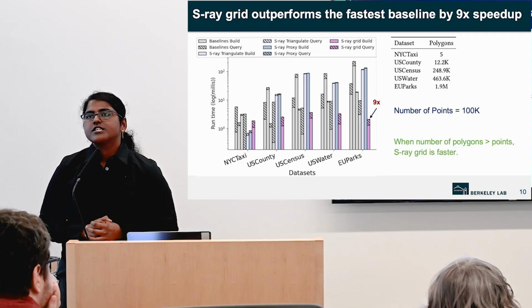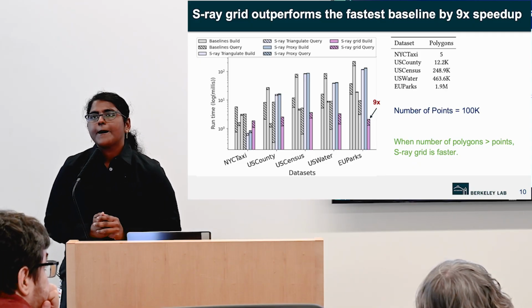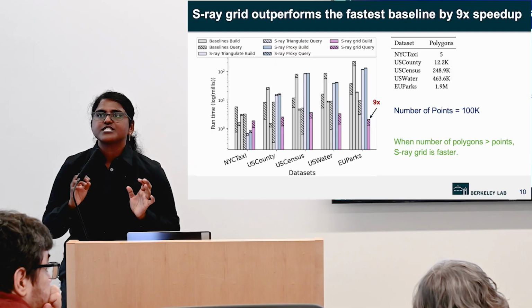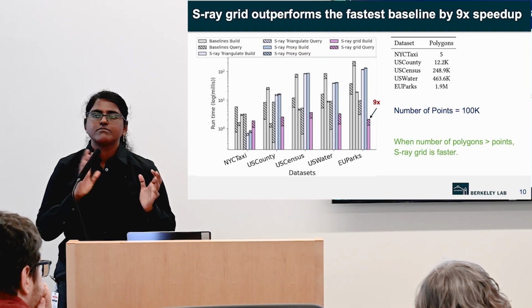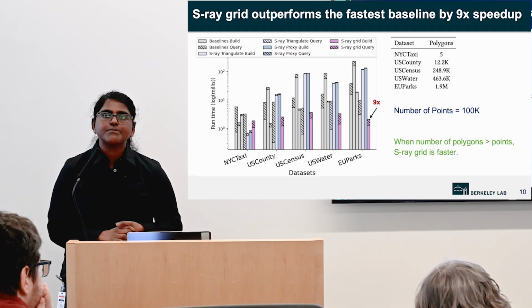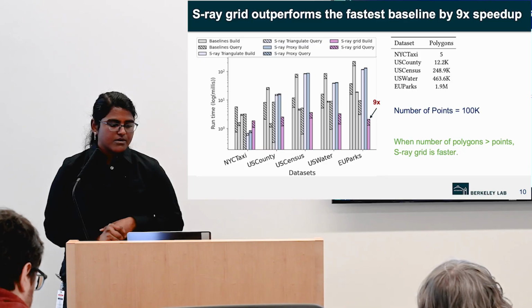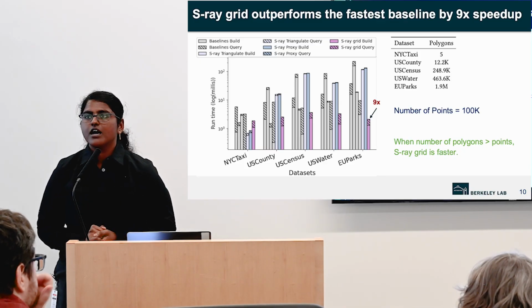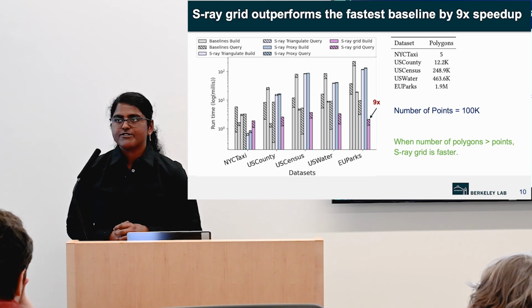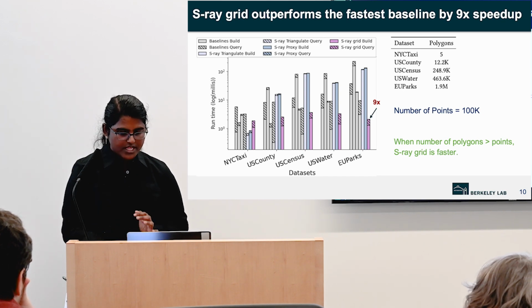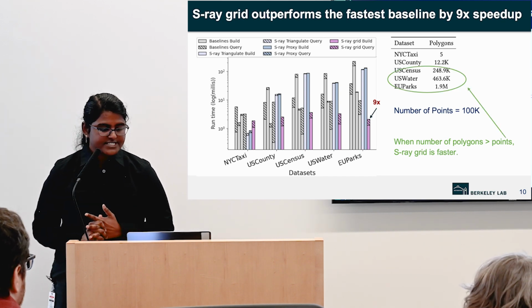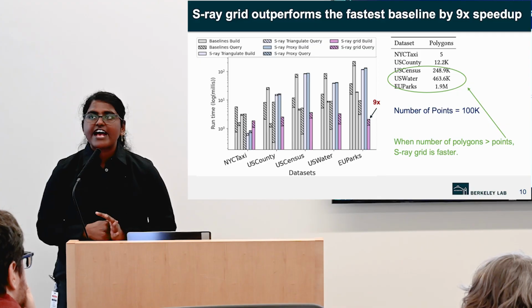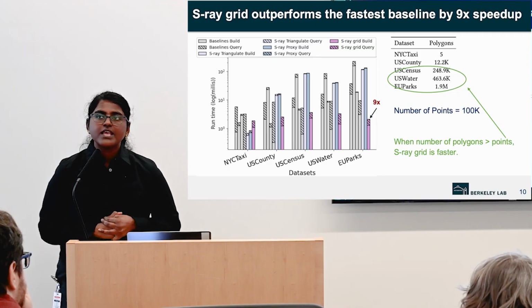The gray bars are all different baselines, and the slashed part is the query, and the solid part is the build time. So out of all of these baselines, the S-ray grid is faster when the number of polygons is greater than the number of points, and it outperforms the fastest baseline by a 9x speedup.